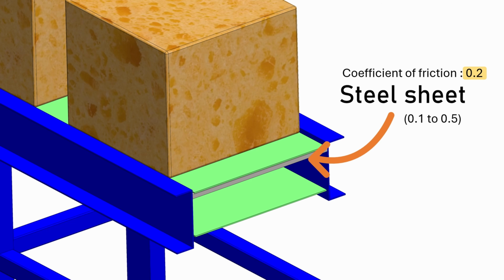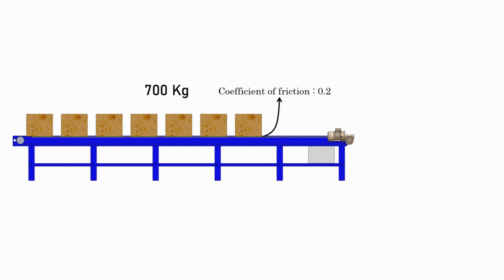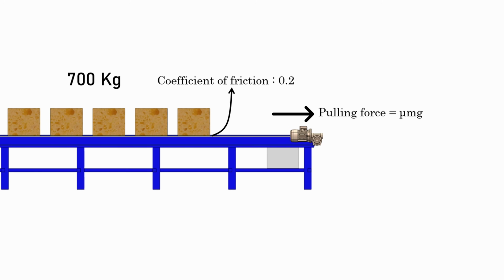Usually in practical applications, it ranges from around 0.1 to 0.5 depending on surface condition. So the total pulling force required becomes mu mg, which is 0.2 × 700 kg × 9.81, around 1373 Newton.